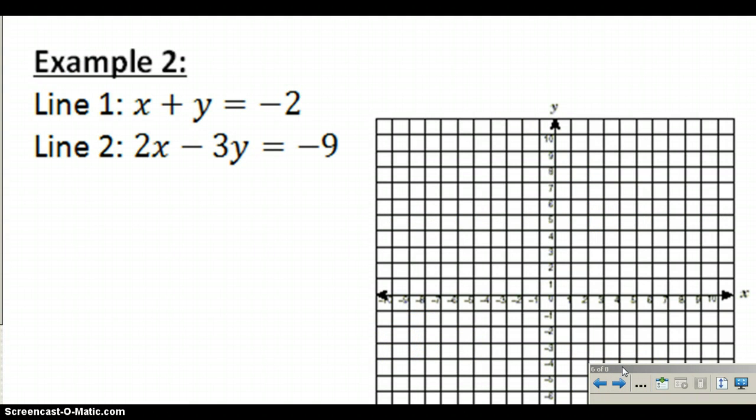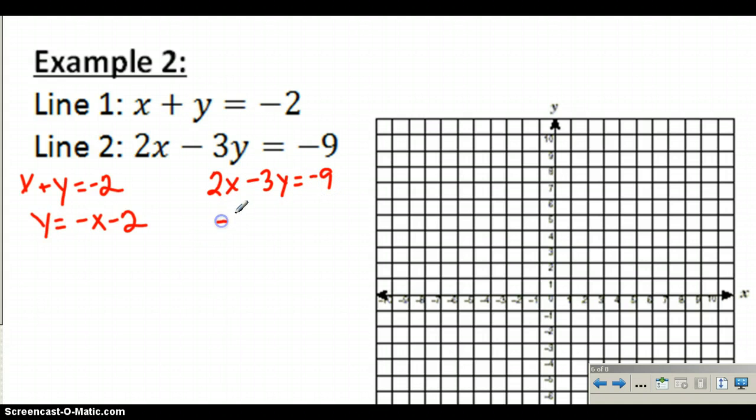Okay, these two lines are not actually in slope-intercept form, so we need to take some steps to start off our problem before we can graph. So we have x plus y equals negative 2. So I'm going to subtract x from both sides, so y equals negative x minus 2. Let's take a look at the second one here. 2x minus 3y equals negative 9.